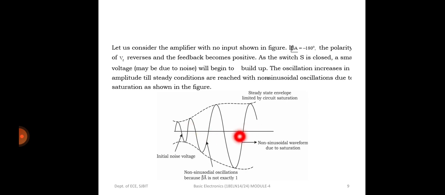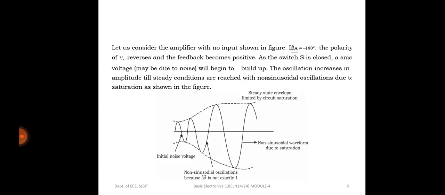The waveform we get is a non-sinusoidal waveform due to saturation, because beta A is not exactly 1. Here is our initial noise voltage, and the steady state envelope is limited by current or circuit saturation.